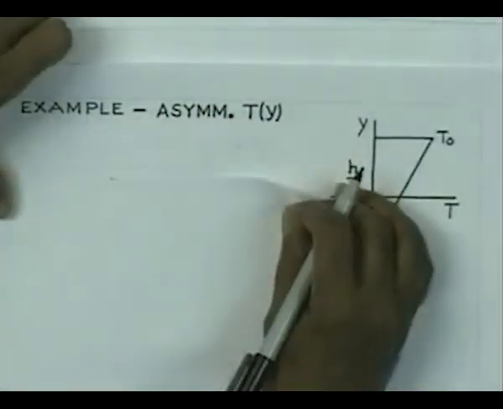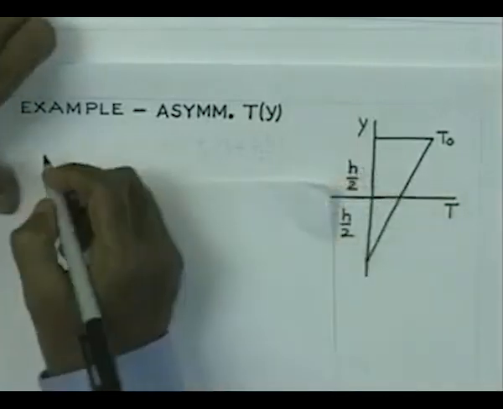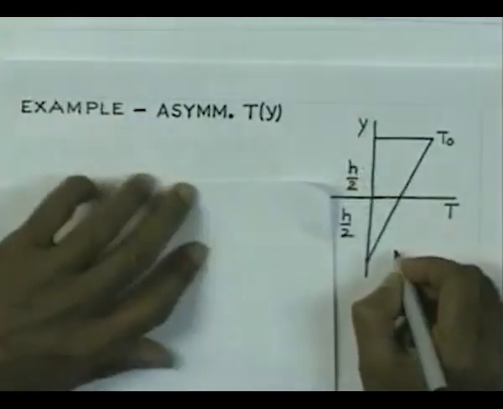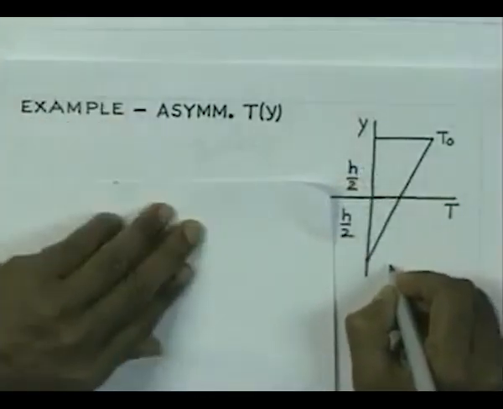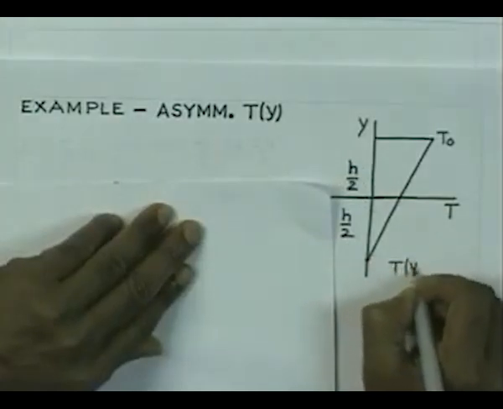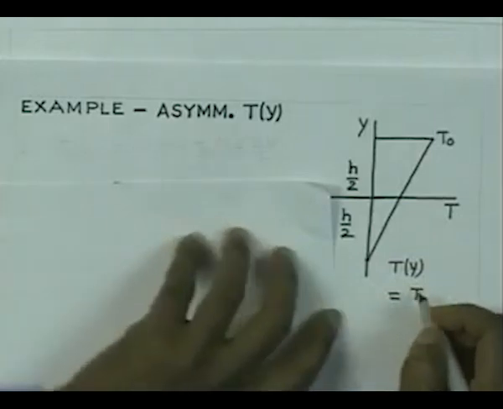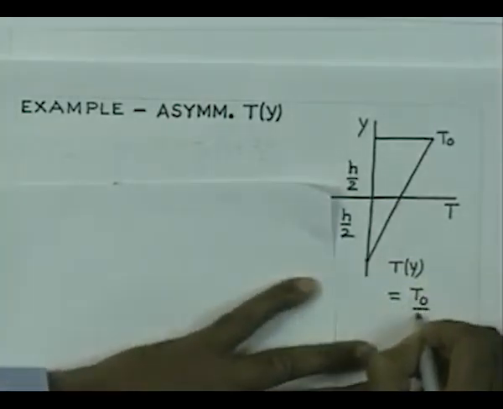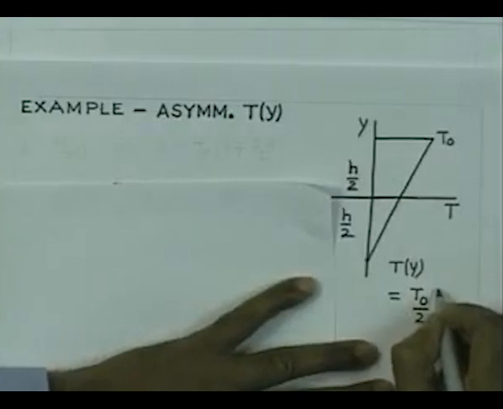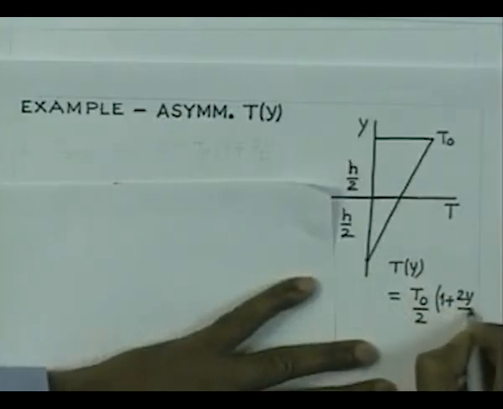So, if we first calculate this temperature, it can be indicated as Ty is equal to T0 by 2 into 1 plus 2y by h.